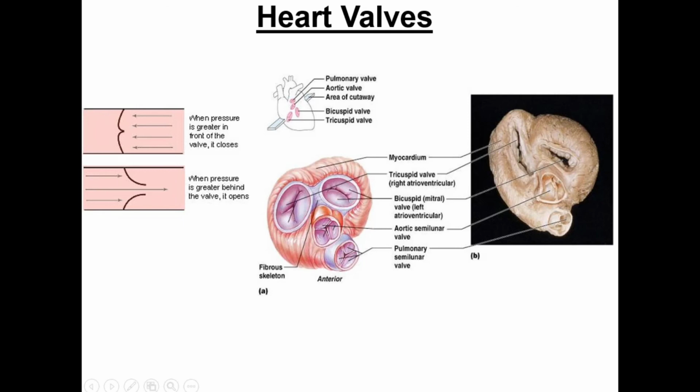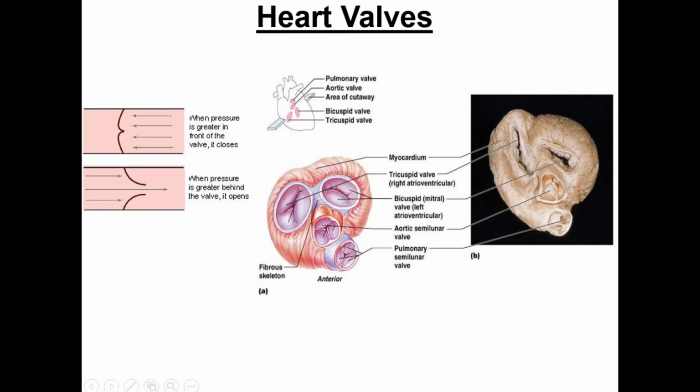This is the bicuspid valve, the left atrioventricular valve. This is the tricuspid valve. The atrioventricular valves prevent the backflow into the atria when the ventricles contract. The chordae tendineae anchor the AV valve to the papillary muscles.